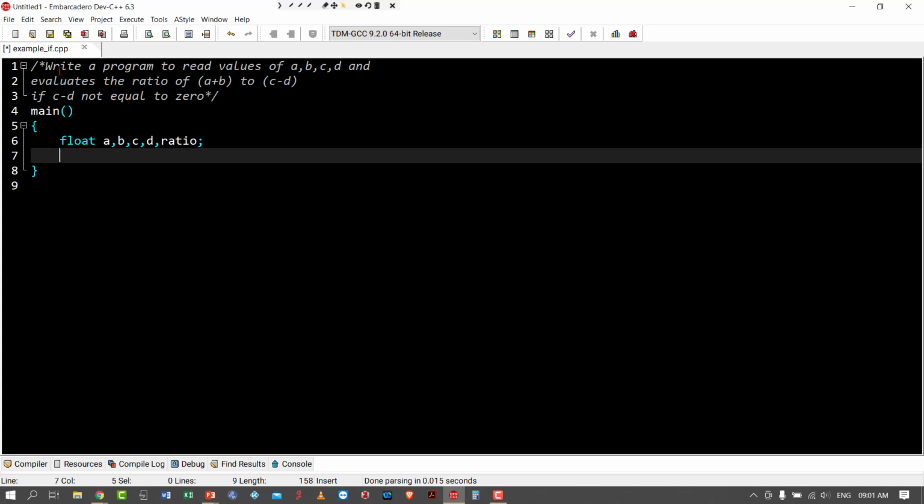Anu Fasmin. Yes, sir. What will be the next statement? Scanf. For scanf, you have to write a message to inform the user to enter such and such values.